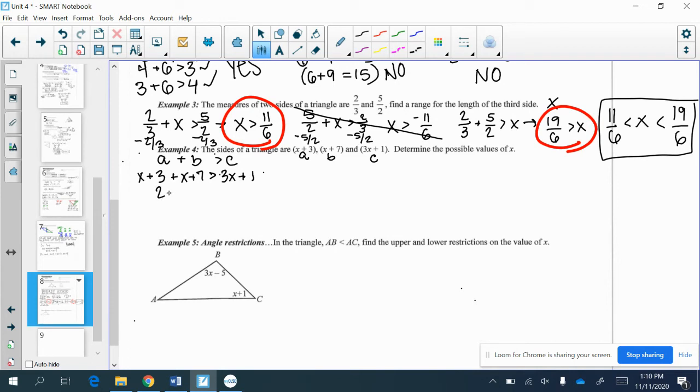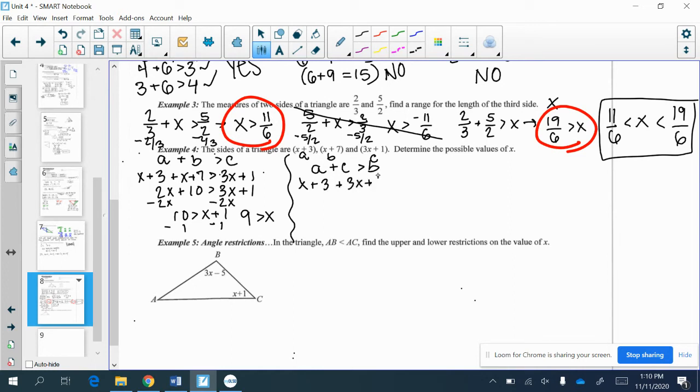So solving this, I get 2x plus 10 is greater than 3x plus 1, minus 2x, 10 is greater than x plus 1. Then I get 9 is greater than x. And then for my next one, let's do A plus C is greater than B. So x plus 3 plus 3x plus 1 has to be greater than x plus 7.